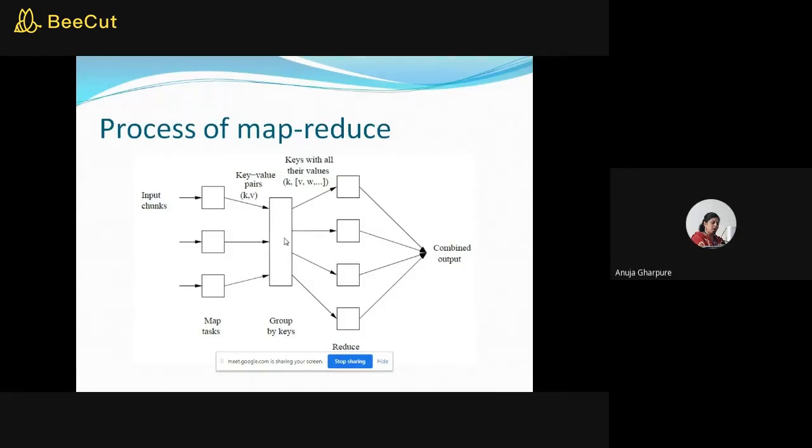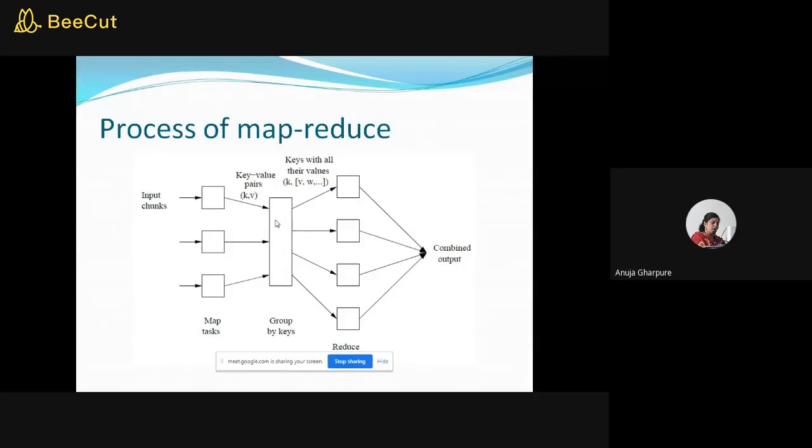But when it is given to the group by keys, okay, when we give all these key value pairs to the group by keys, what will the group by keys do? It will try to find out the similar keys. For example, M.Sc is a key which occurs multiple times from the one map task, and also from the other map task. Now the key is M.Sc, and the value obtained from the first map task is 1.